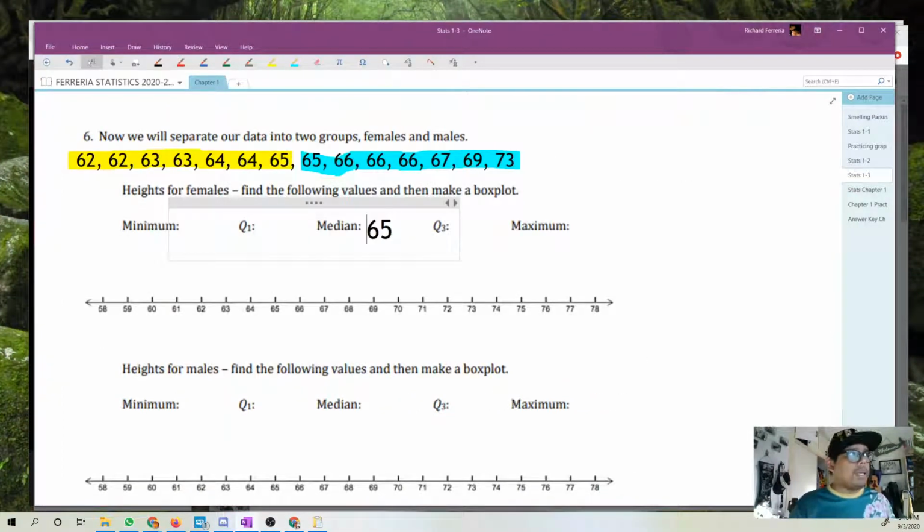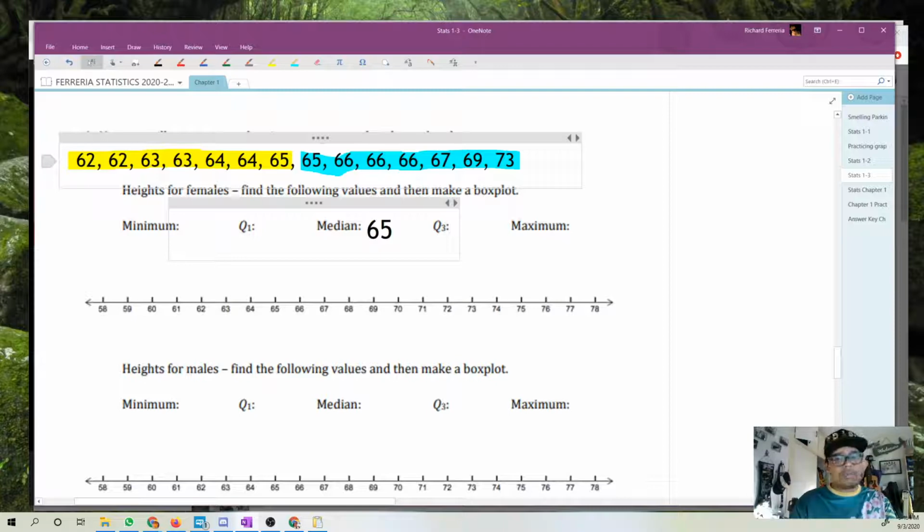Now let's find the center of the lower half of the data. We said there were 7 heights in the lower half, so the middle should be the fourth height.